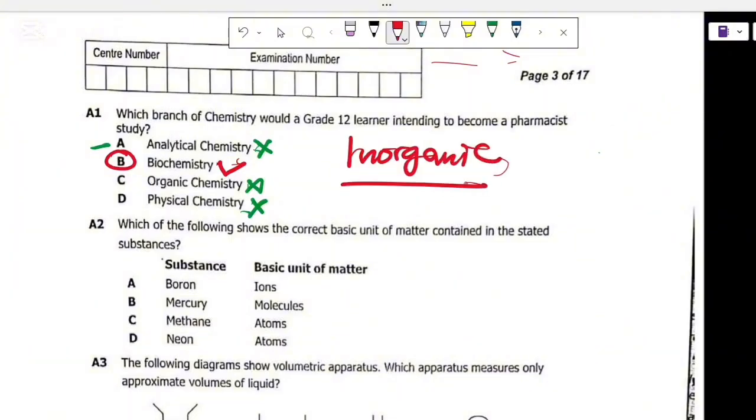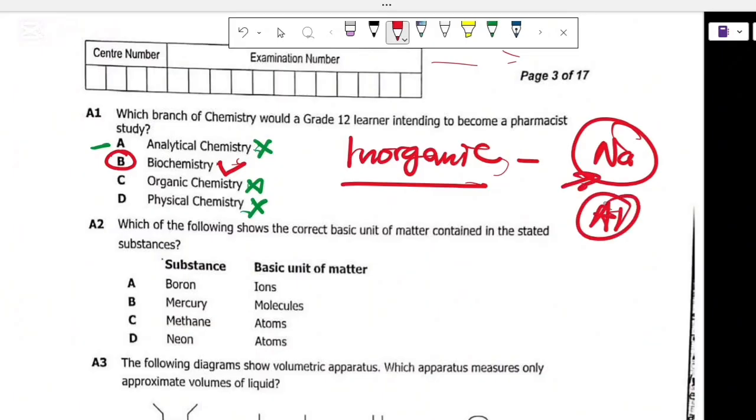this is the opposite of organic chemistry, which means that you are dealing with non-organic compounds. For example, sodium is not an element that forms organic compounds. So when you're studying sodium or aluminium or some other non-organic elements, then you are essentially studying inorganic chemistry.